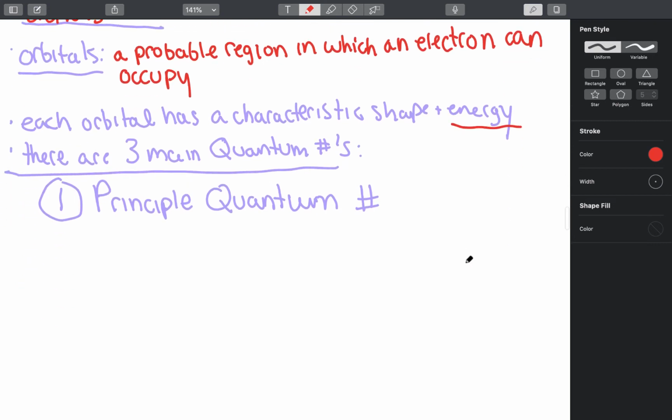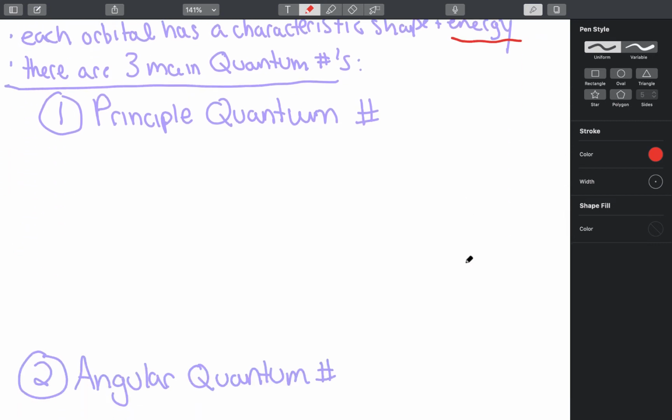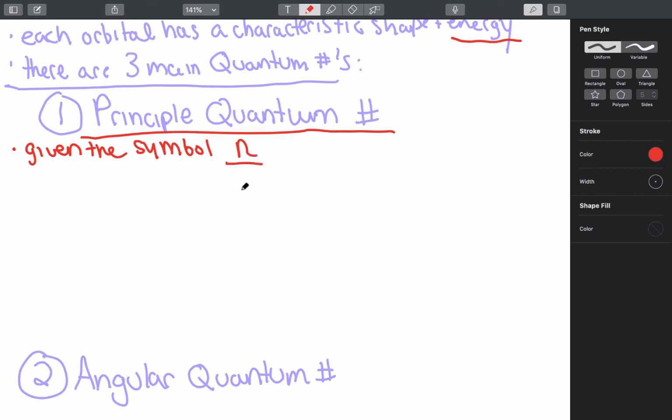So in this video, let's get into the three main quantum numbers. I've already stated here that there are three main quantum numbers. The first quantum number is the principal quantum number, and it is given the symbol n. We actually introduced this already in the video about the Bohr model.